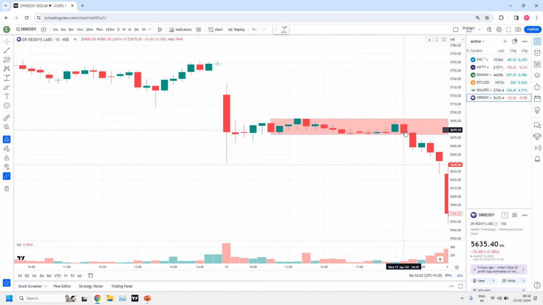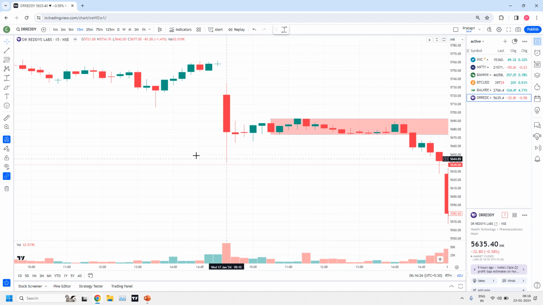Maybe this is a medium-sized leg candle. But at least there should be a base candle, right? There is a leg out candle, but where is the base candle? We have a leg in candle, we have a leg out candle, but in between there is no base candle. That means there is no institutional participation in this zone.